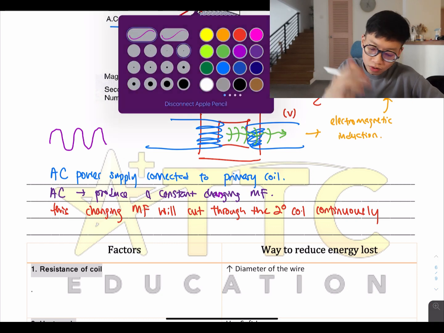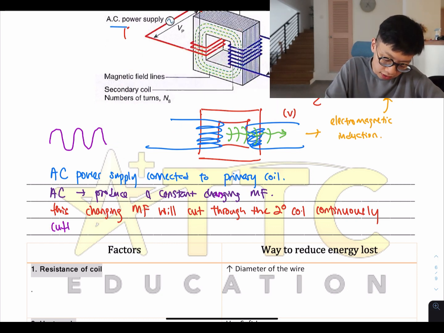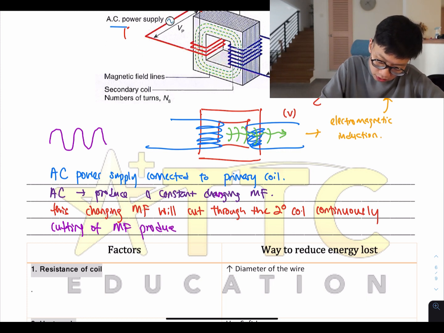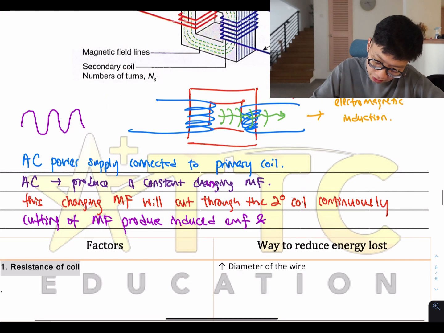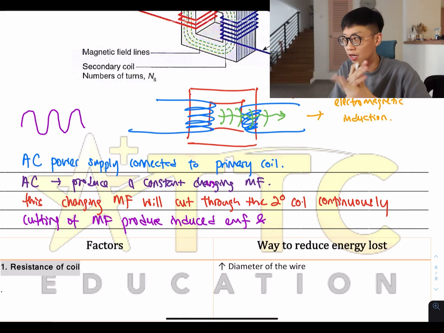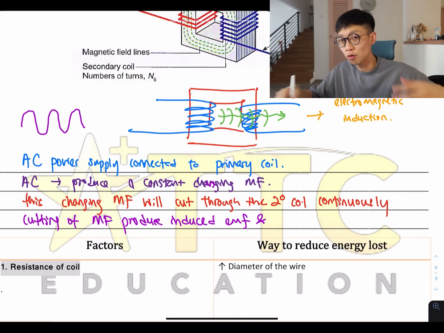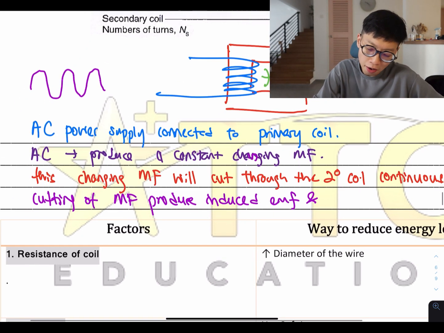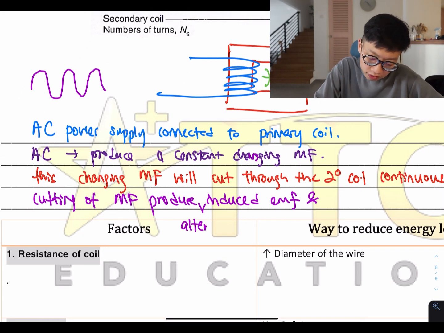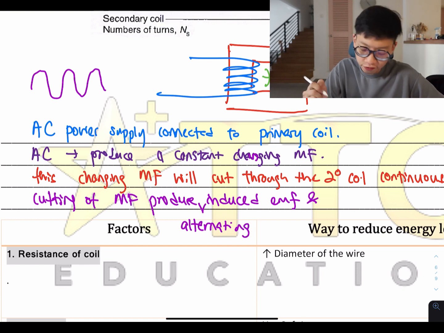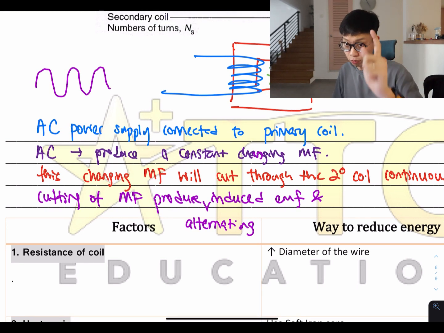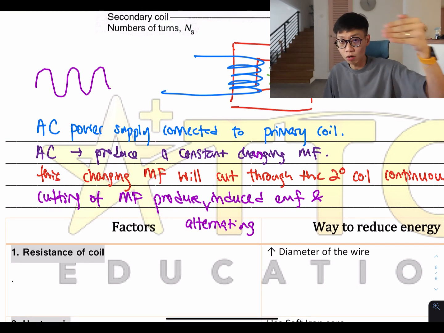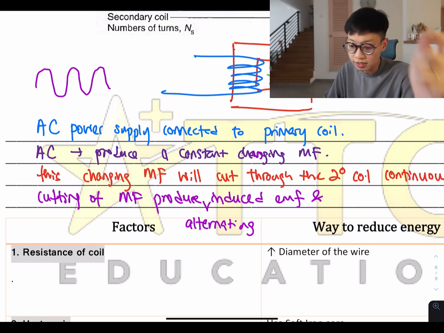Then only can we say the cutting of magnetic flux will produce your induced EMF. A lot of books will just write induced EMF, but I prefer to write something more: alternating induced EMF, to tell you that I also produce alternating current.